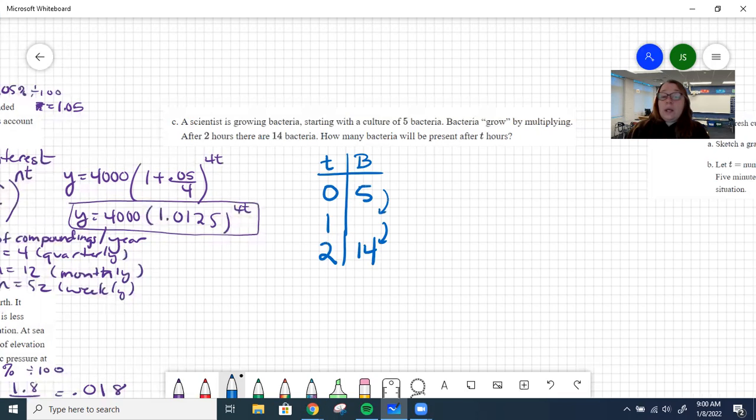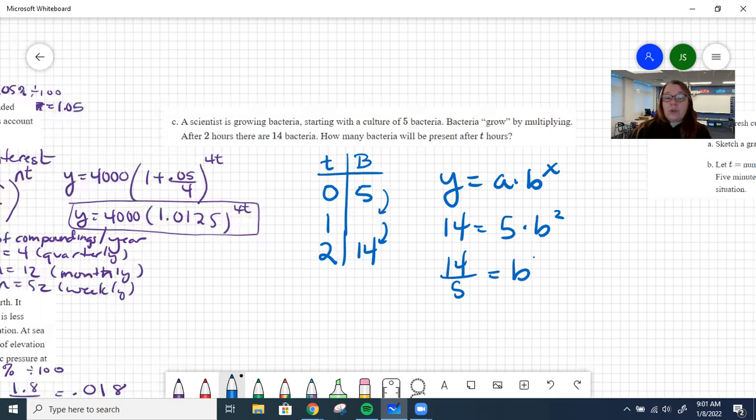So we can start with y equals a times b to the x. And I know that a is 5. And then what I could do is use this 2 and 14 and plug 14 in for y and 2 in for x, and then get my b value. It's sort of like when you would write an equation for a line, where first you would find the slope, and then you would use y equals mx plus b to get the y-intercept. It's the same idea, but now we're using this. So to get my b, I would have to take the square root of both sides, or think of it as the 1/2 power.